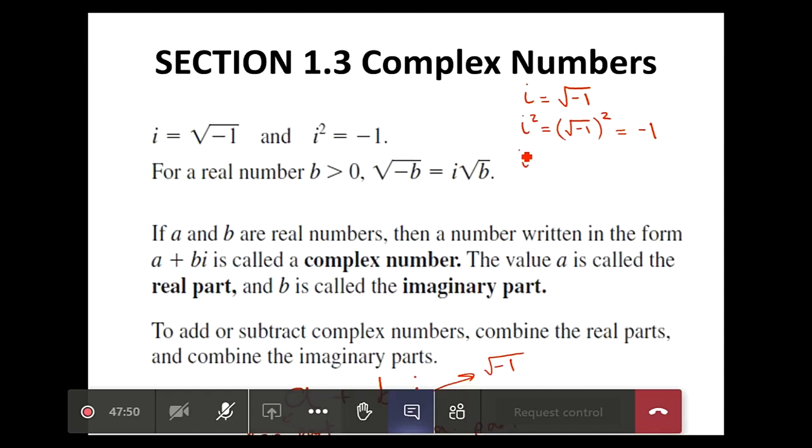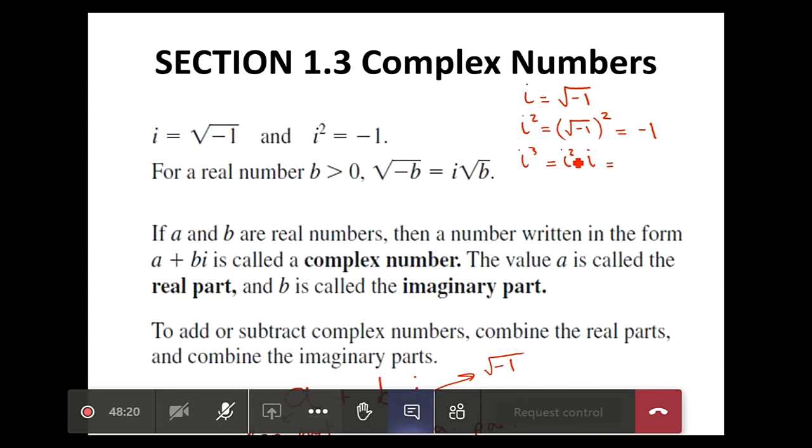Right. i to the power 3. What's the value of i to the power 3? i square equals -1. But i to the power 3, it's easy. i to the power 3 is i square multiply i.